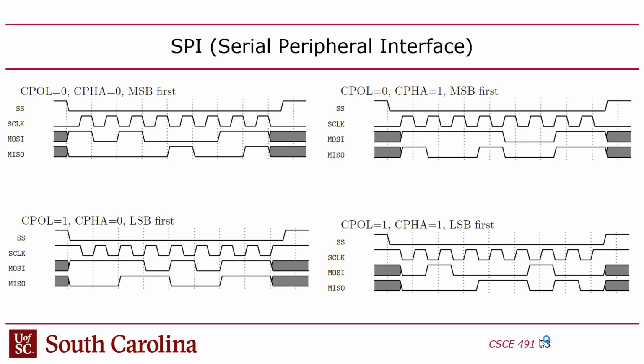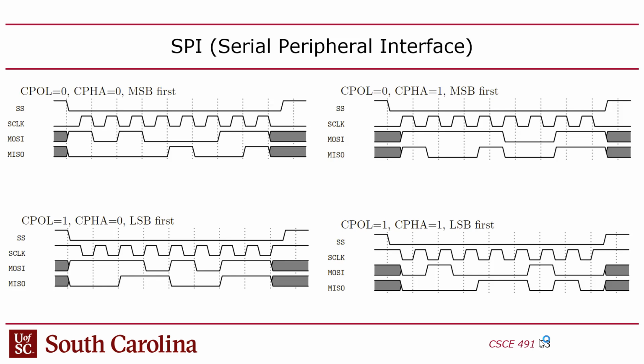The data is going into its kind of stabilized form, right? A half a cycle before the first clock edge of the exchange, right? So you see that there's a half a cycle here between where the data changes the first time and the clock changes, right? Whereas if CPHA is 1, everything happens at the same time, right? The data and the clock all change at the same time.